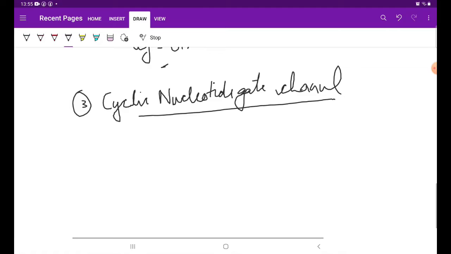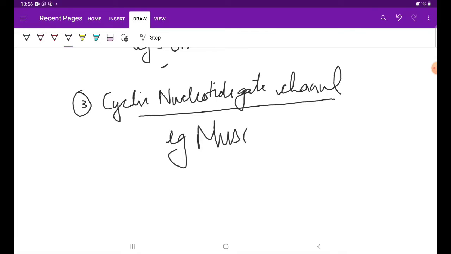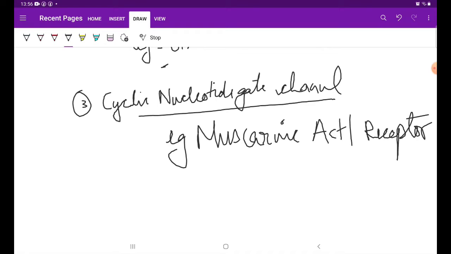Here the example is the muscarinic acetylcholine receptor. These are the things.